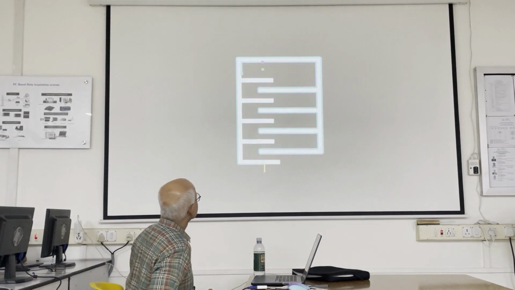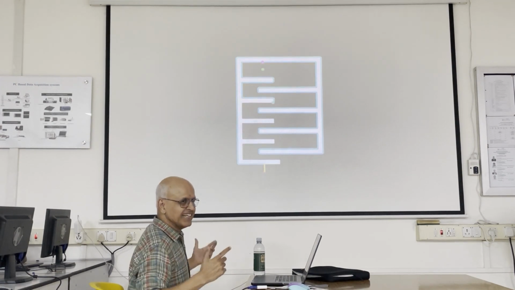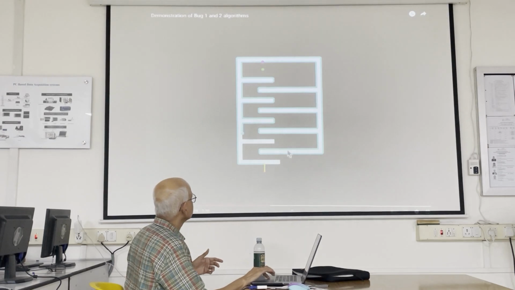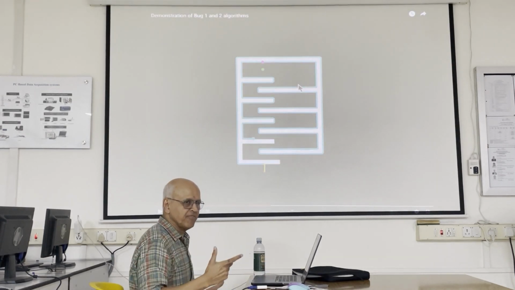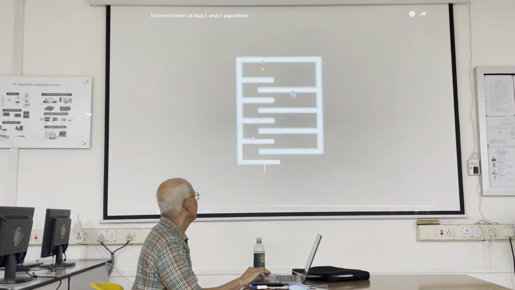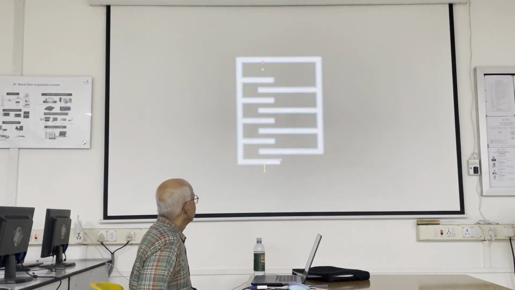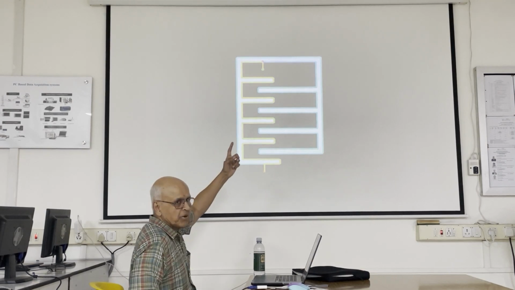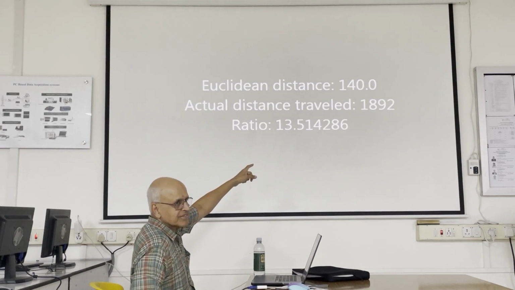Right there, see? Now why does it do that? But that's the algorithm, right? Did you understand why he did not directly take off from here? Because the algorithm says find the best leave point. So he has to go around the whole structure. So that turned out to be the best leave point. 13 times.